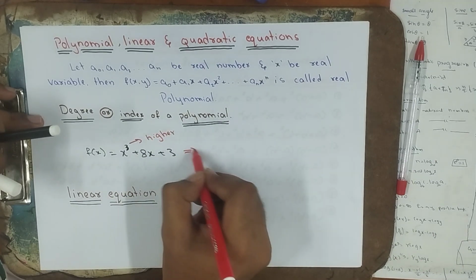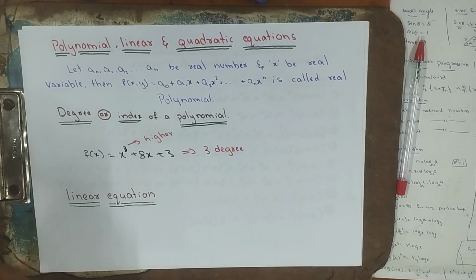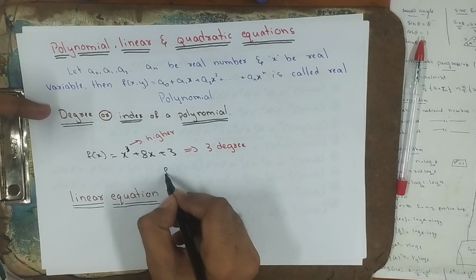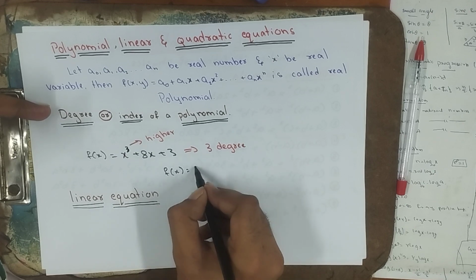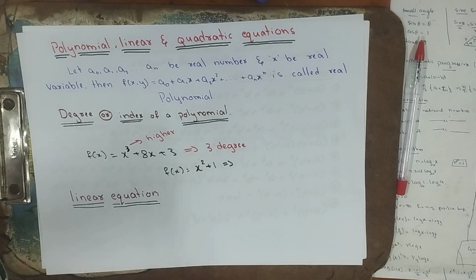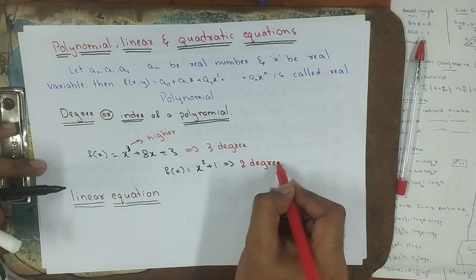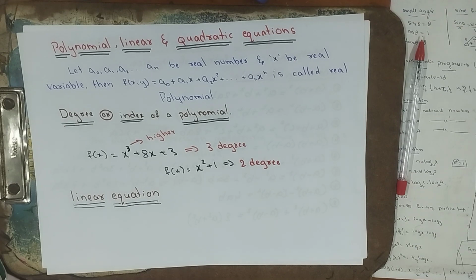Then the degree of this polynomial is 3 degree. Now in some polynomial you can see like this, 10x to the power of 2 plus 1. Now the degree is 2, then it becomes 2 degree. That's all. Very simple, no extra material.